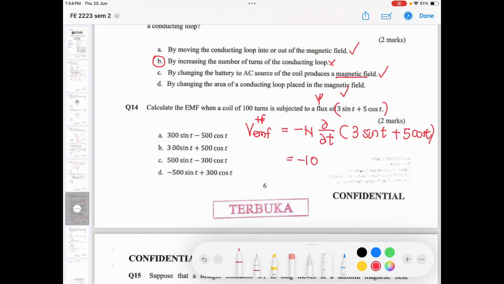So negative 100 multiply 3, you have 300, and this will become cos t, and this one is minus 5 sin t. Okay, so it will be positive 500 sin t and negative 300 cos t. So the answer is C.